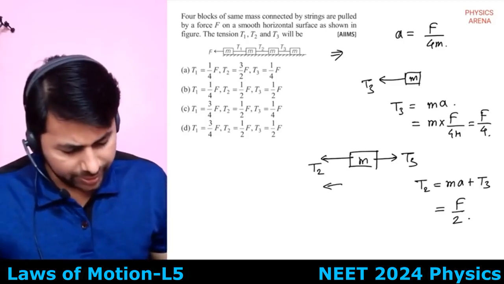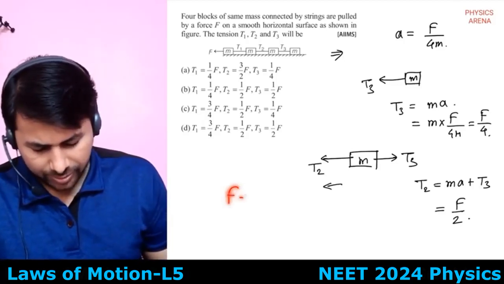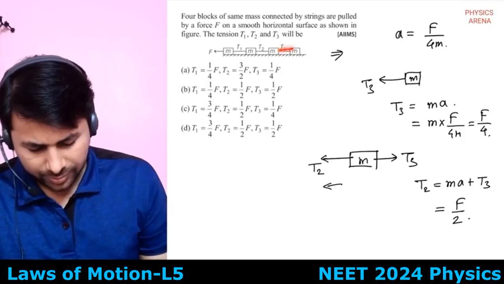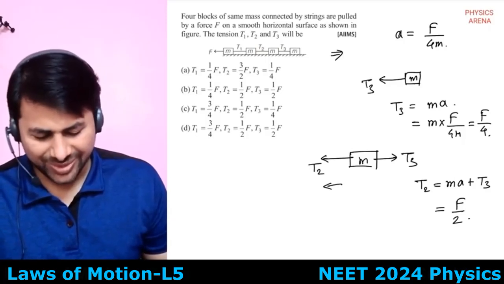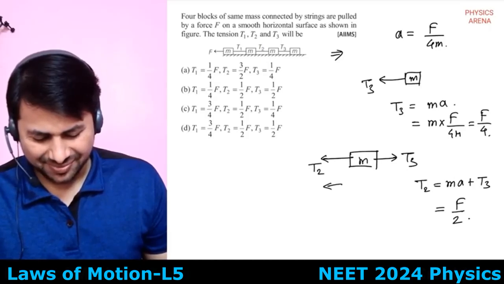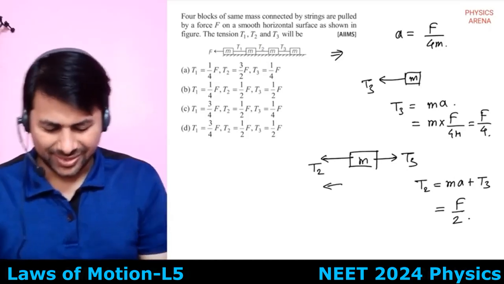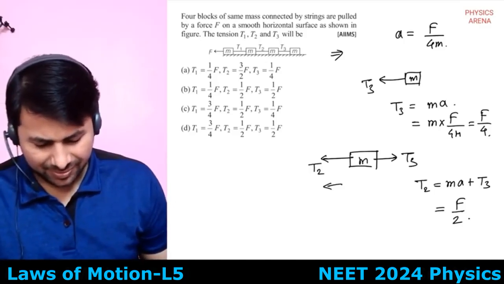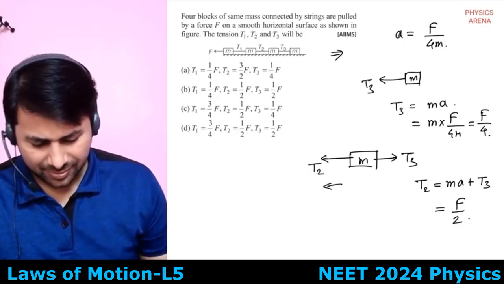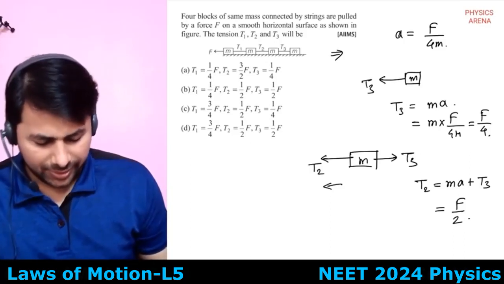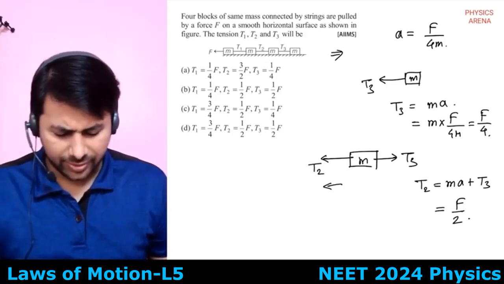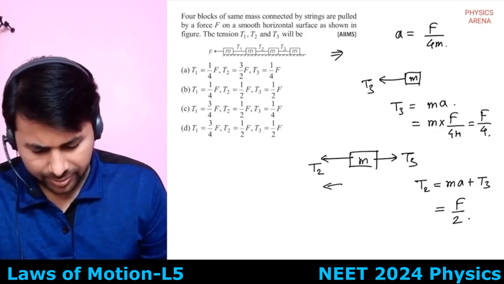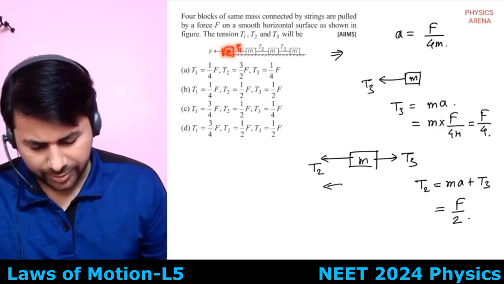Oh, am I making some mistake here? F will be equal to, I said, T1 plus T2 plus T3. No, that's wrong. I'm sorry. Let's check whether it will be equal to, so this is M, you have T1.